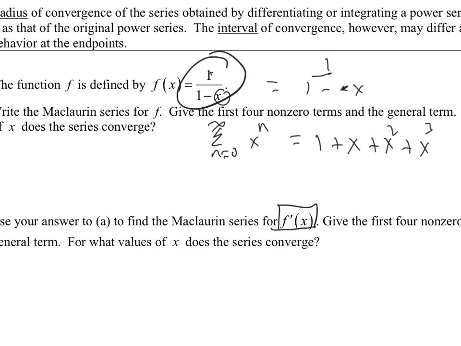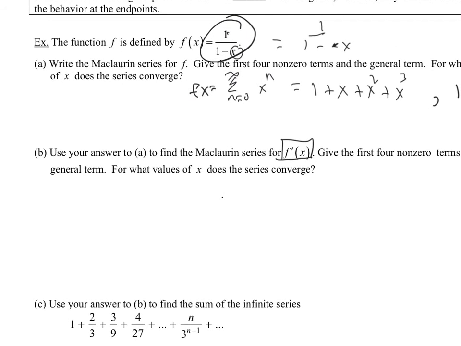If this is f, then f prime of x would be, check it out, the summation as n goes from 0 to infinity of the derivative, n times x to the n minus 1.